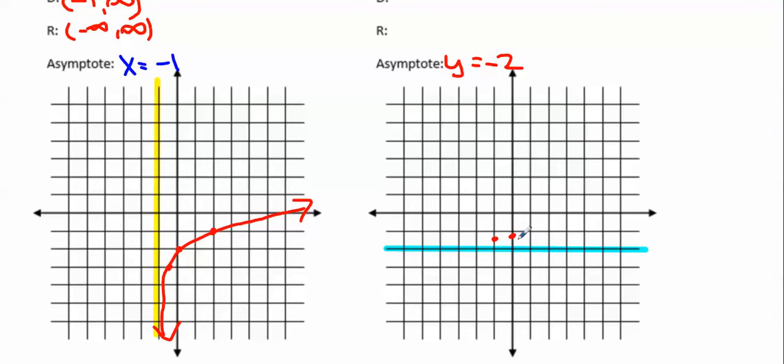Next one, no, that's not perfect, but that suffices. The next one's at 1, 0. So again, it's going to approach your asymptote. All right, there we go. So there's the graph for 22.